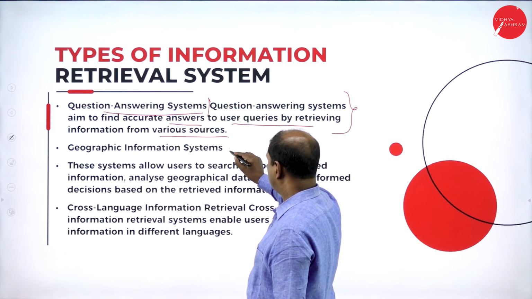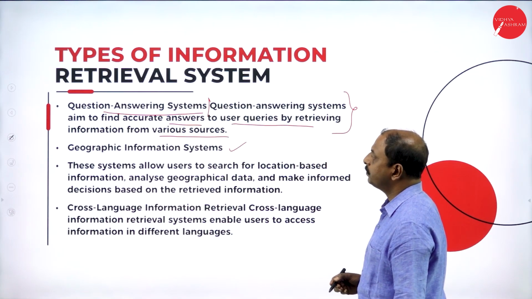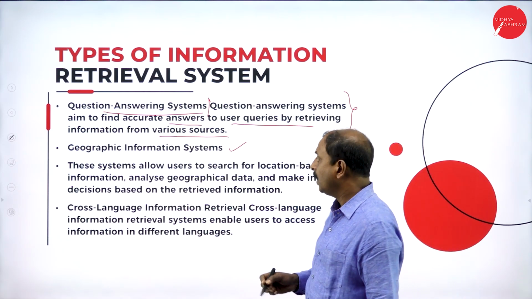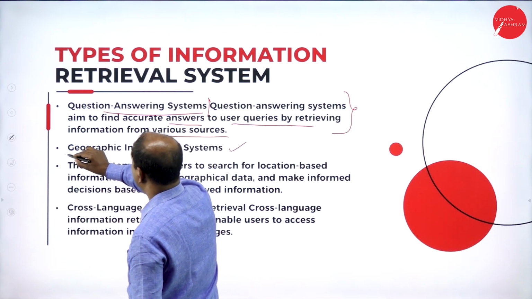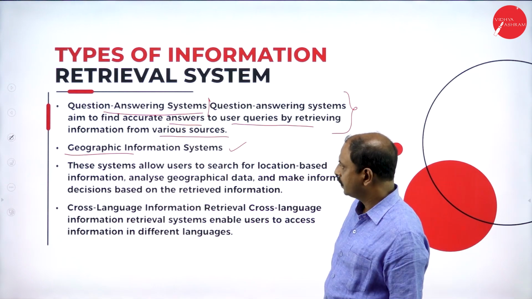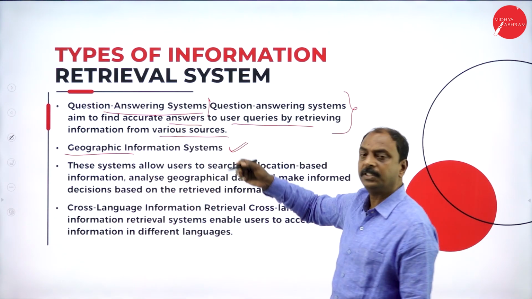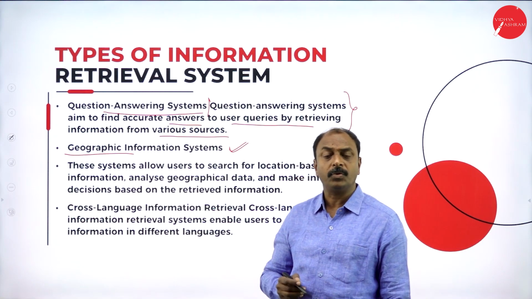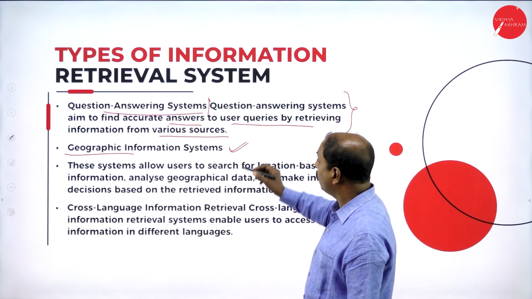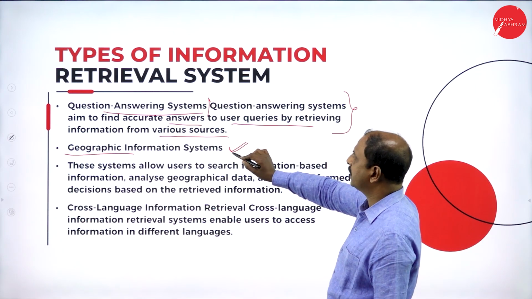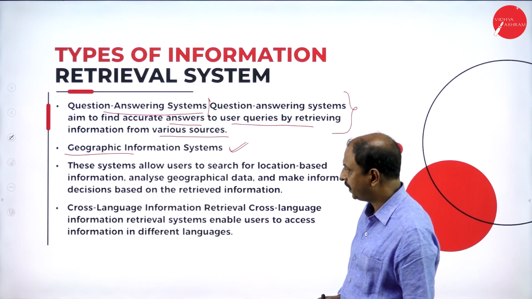Geographic information system means it is possible to get information about a particular geographic location. Within one system, from one location, it is possible to get information about other locations globally, geographically. That is another type of information retrieval.